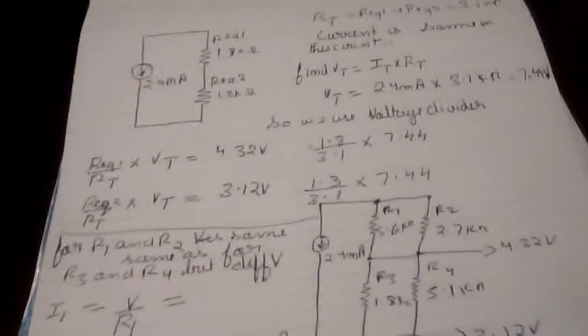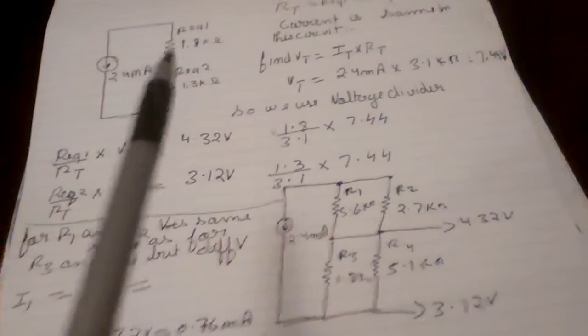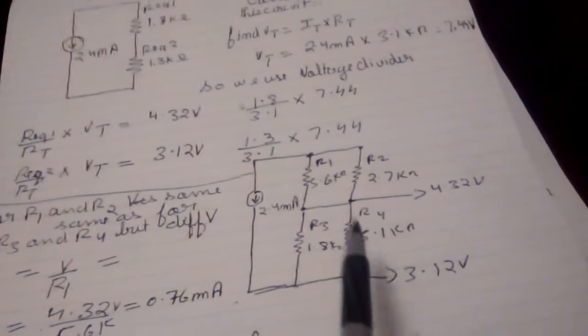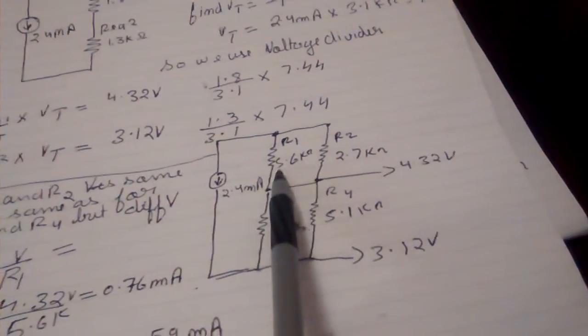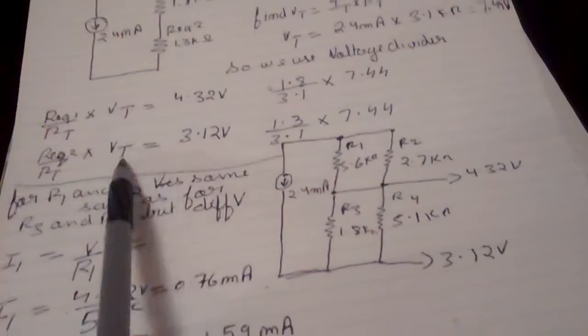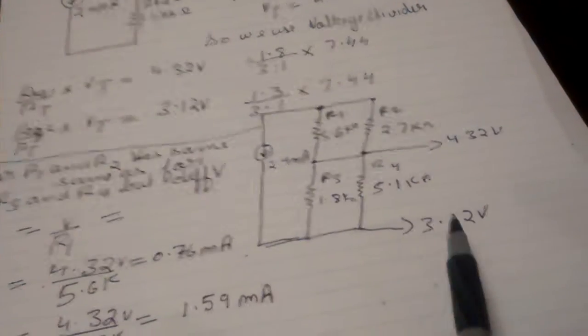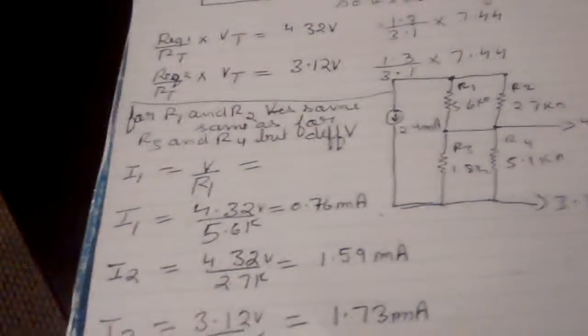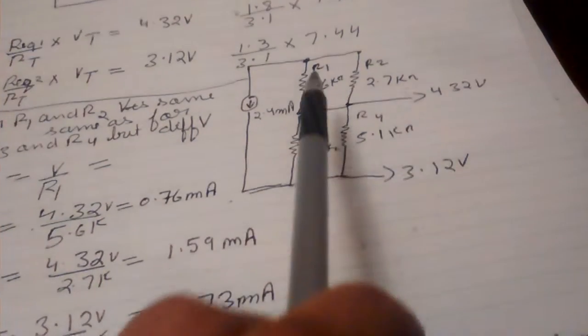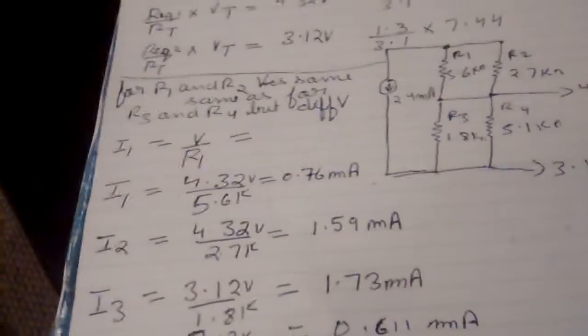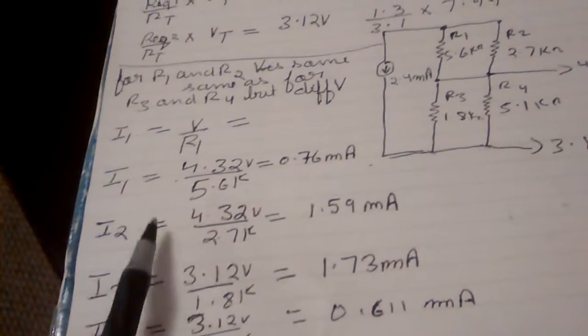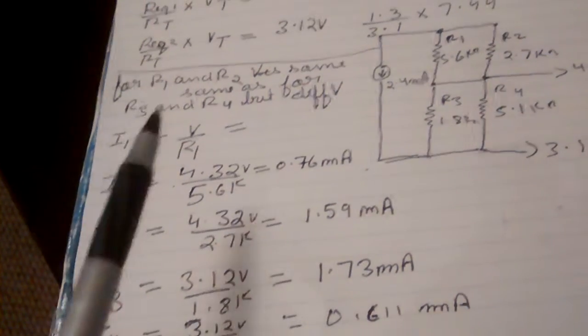So what we're going to do is find the voltage across each resistor, that's the voltage across these four resistors. 4.32 volt for R equivalent A, which is R1 R2, and the R equivalent 2 voltage is for R3 R4. So we have the voltages and the resistor values, so we can easily find the current by using Ohm's law.